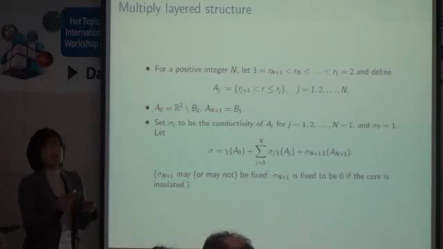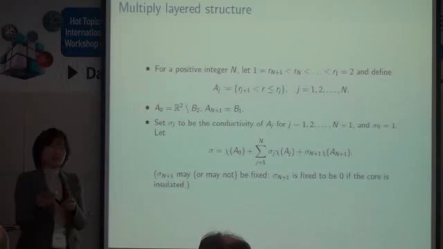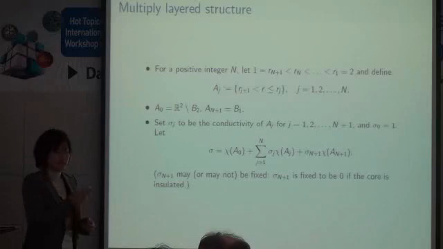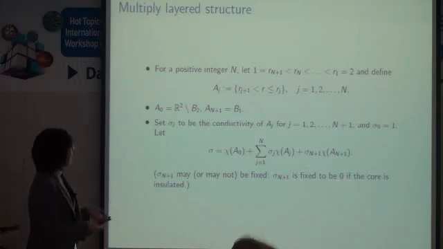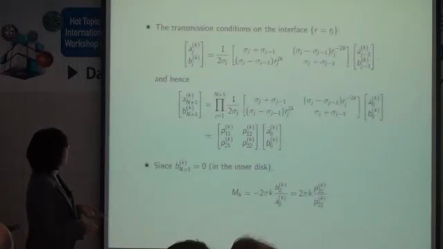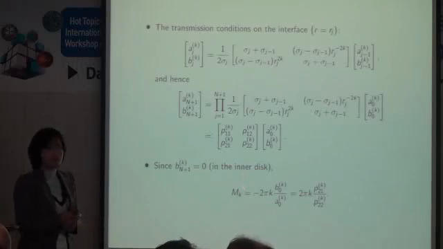That means it should not influence the perturbation outside. So I want to make it insulated, so the current couldn't go inside the inner layer. So I put sigma of the inner layer to be 0, and then get the numbers such that the exterior measurement is 0.